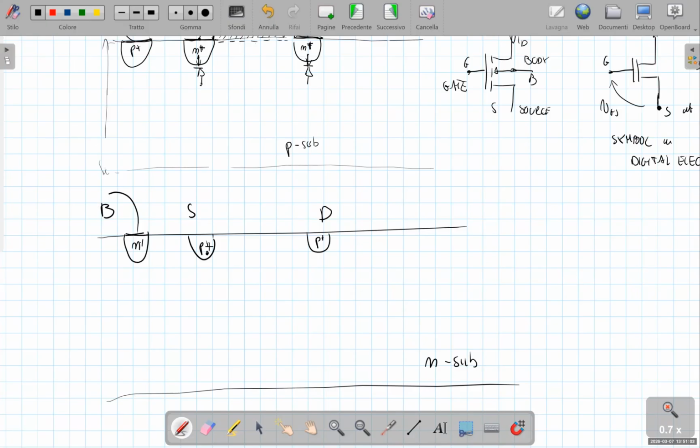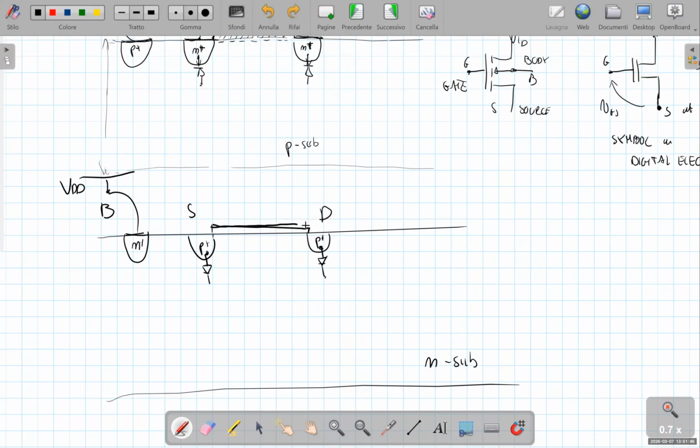In this case, the body is at the highest available voltage, typically at the supply voltage, and so the PN junctions between the drain and the body, and between the source and the body, are also in this case reverse biased. So there is no current from the source to the body or from the drain to the body.